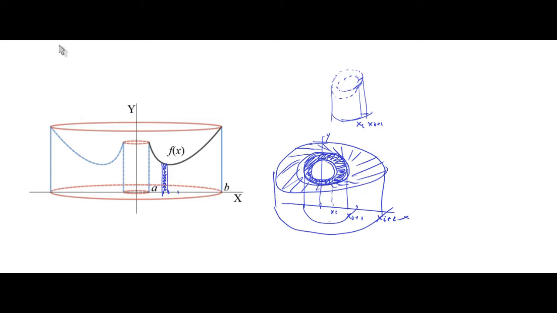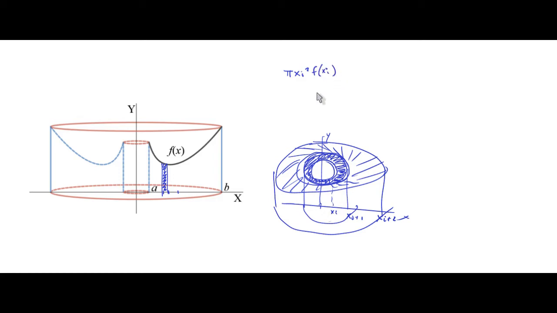How do you compute the volume of a cylinder? Well, the volume of a cylinder is given by pi times the radius squared. So in this case, the radius is xi, and then times the height at that point, which is f at xi.